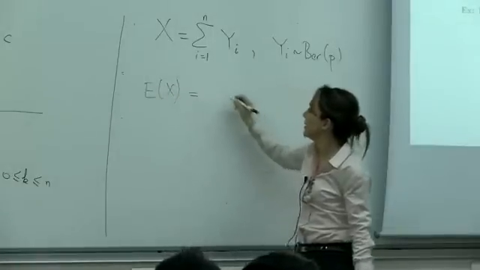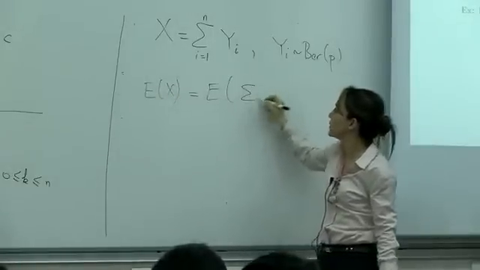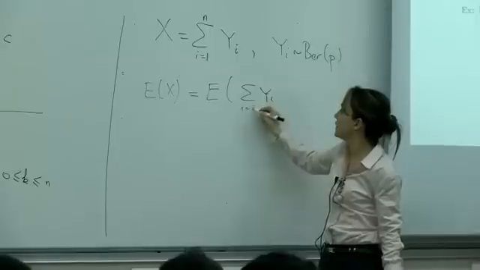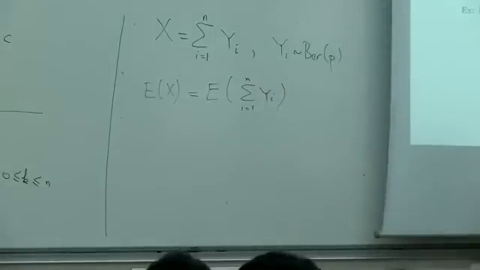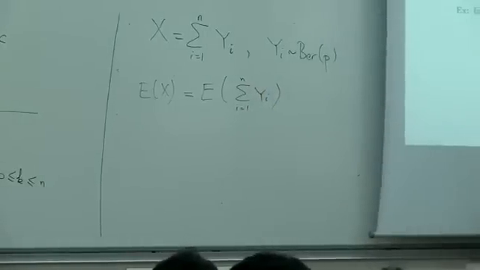Expectation of X is nothing but the expectation of the sum of these n random variables. Okay? So we have a sum of n random variables. We just showed that when you sum random variables, the expectation of the sum is the sum of the expectations. So what do we have?